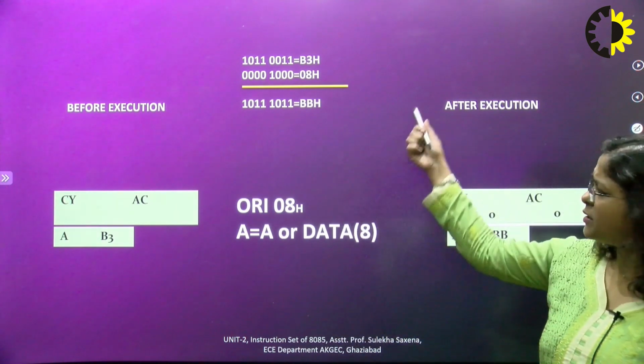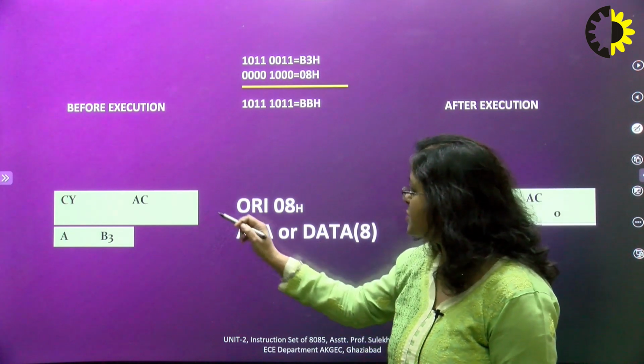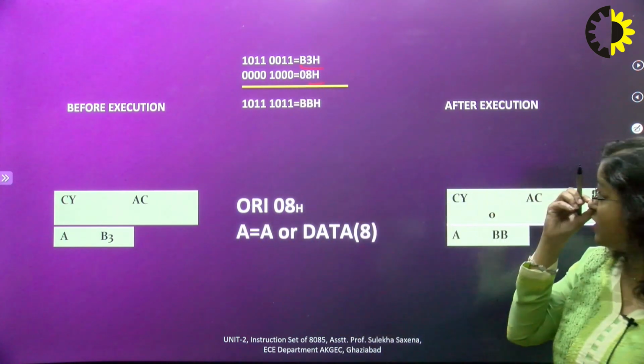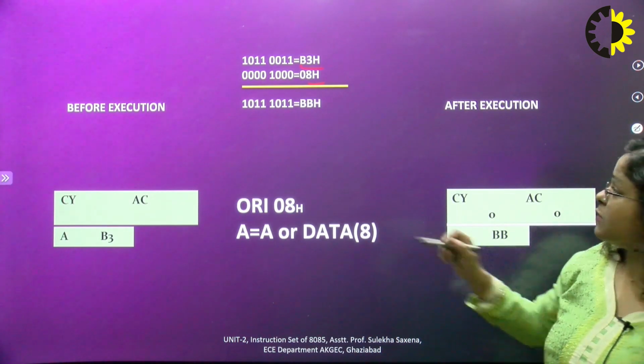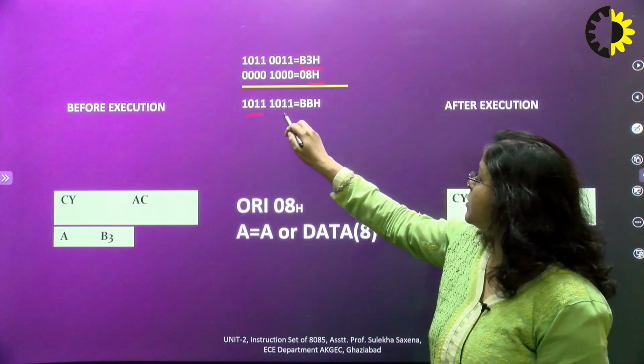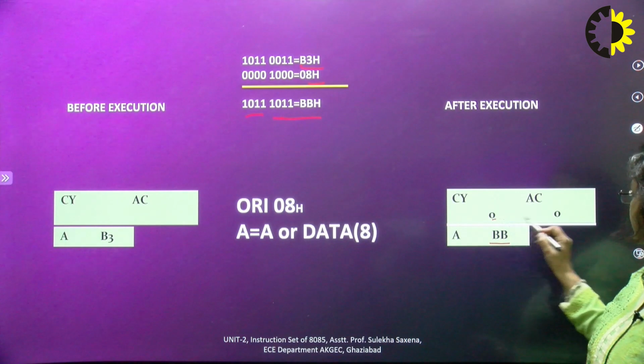This is a similar example to what we have previously discussed: let accumulator contain B3 and immediate data be 08. So the result will be 1 0 1 1 1 0 1 1, that is BB, and both the flags will be reset.